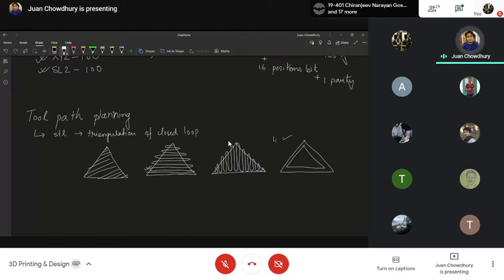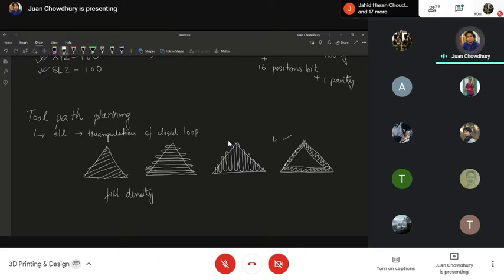So even then, this path trajectory does not really matter, because what you do is maybe some zigzag operation and then fill the constituents of the part. Now there is an option called fill density. If you put it up to 100%, it should essentially make a 100% concrete solid part.